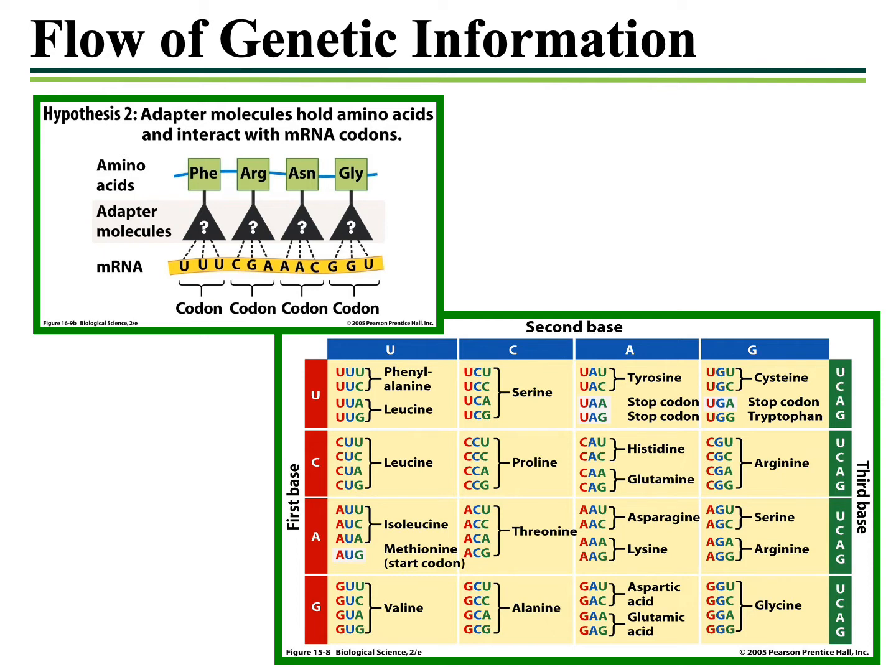Those 3 nucleotide words are referred to as codons, and there are 64 possible combinations of codons, and that is what you see in this table, again referred to as the coding dictionary.